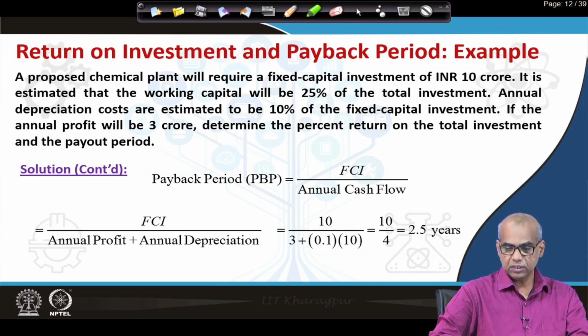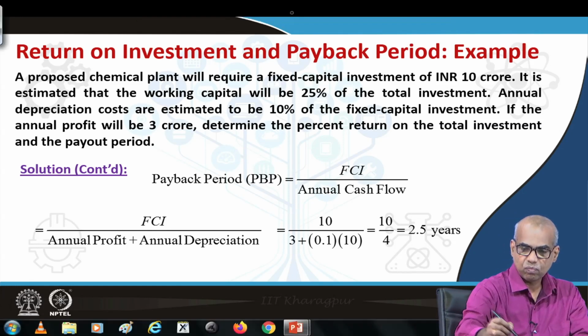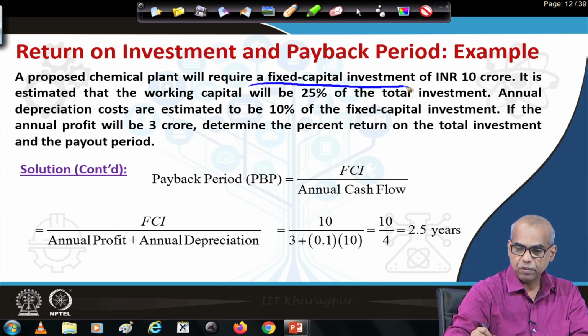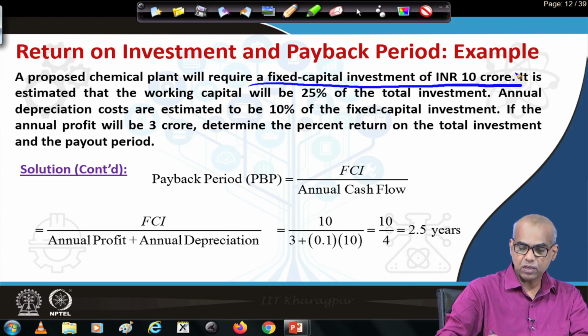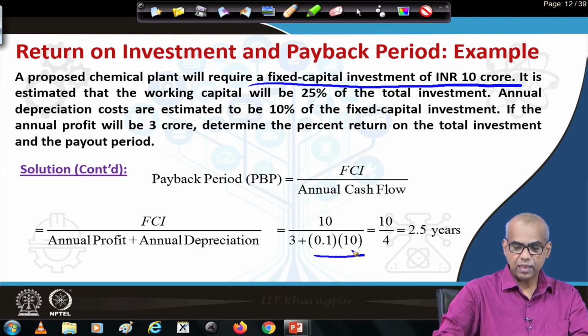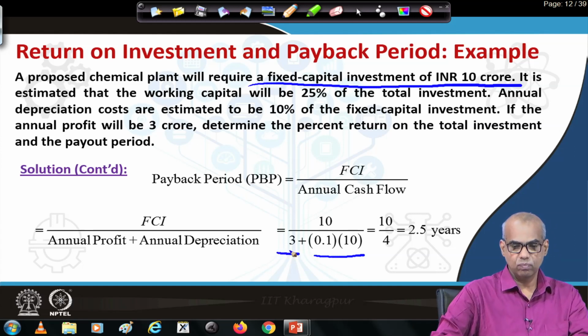So, annual depreciation charge is 10% of fixed capital investment 10 crore. The fixed capital investment 10 crore is depreciable. So, 10% of that is the annual depreciation, and the annual profit is 3 crore.